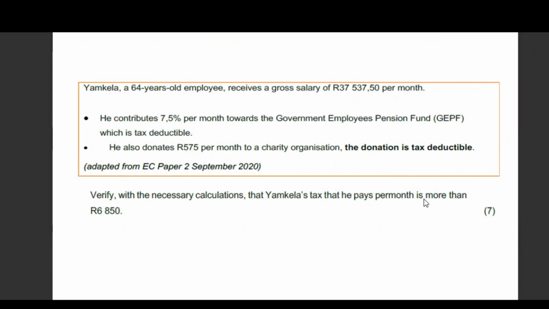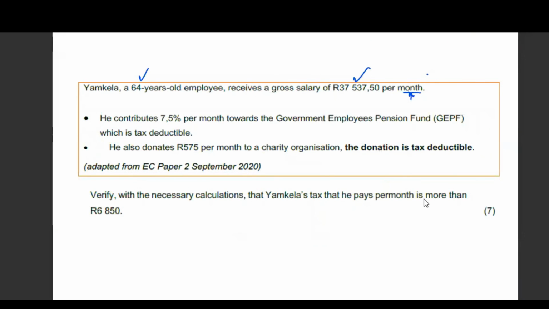Verify with necessary calculations that Yamkela's tax that he pays per month is more than 6,850. Number 1, let's look at the person. We have the year. Very good. The person receives this much salary, but this is per month. The moment you hear it's per month, that means you're going to multiply by 12 somewhere, somehow.